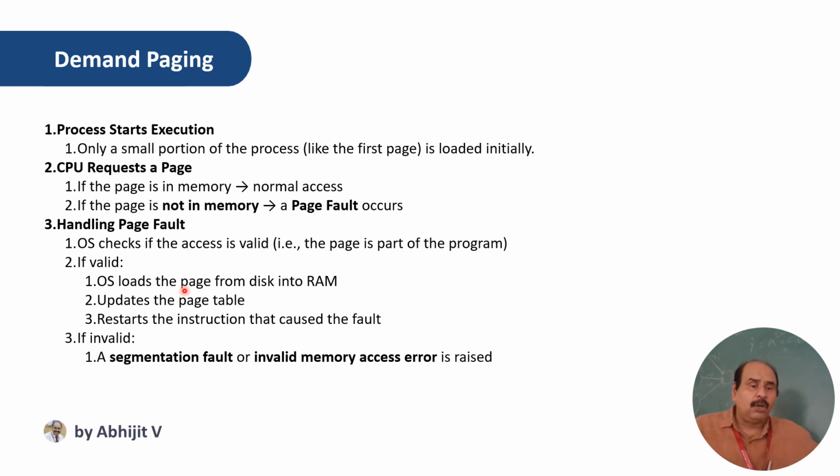If it is valid, the OS loads the page from the disk to the RAM, updates the page table, and then restarts the instruction that caused the fault. Otherwise, if it is invalid, a segmentation fault or an invalid memory access error is raised.